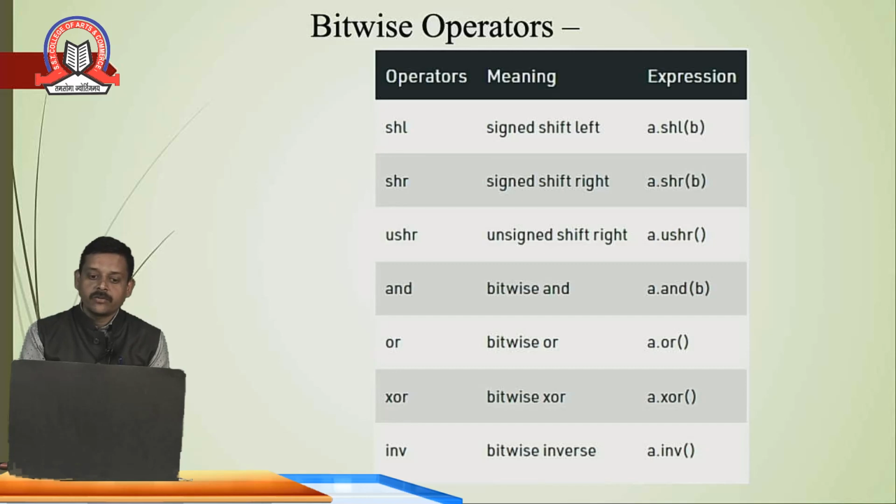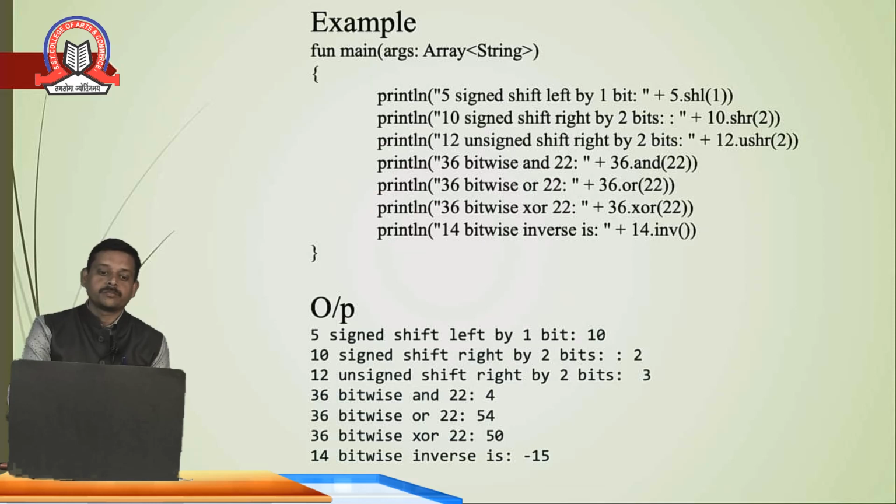USHR indicates that we are shifting the unsigned value to the right. AND, OR, XOR and INV are the bitwise AND, bitwise OR, bitwise XOR and bitwise inverse operators respectively. As you can see on the screen, these are some expressions for the given operators.